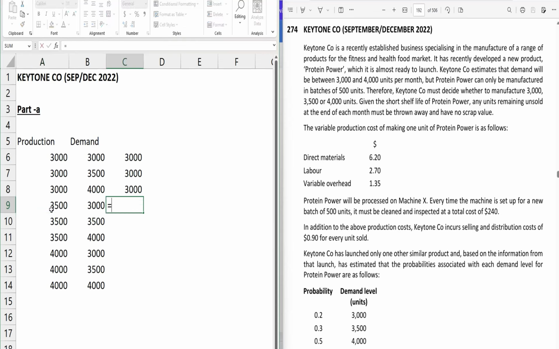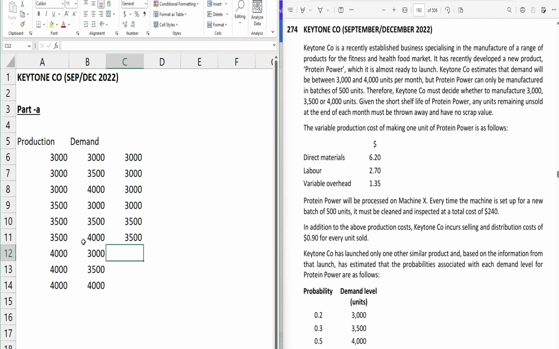So we will sell only 3000 because the demand is only 3000. And here demand is 3500 and we are producing 3500, so our selling quantity will be 3500. Here production is 3500 but demand is 4000, that means we will only be able to sell 3500.